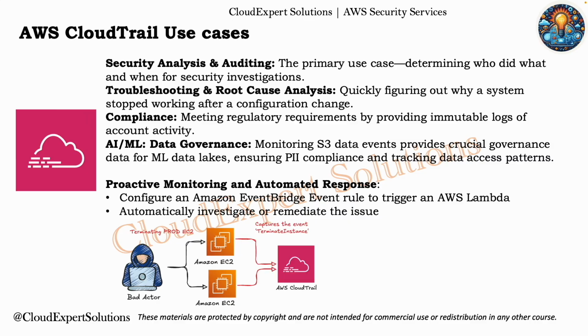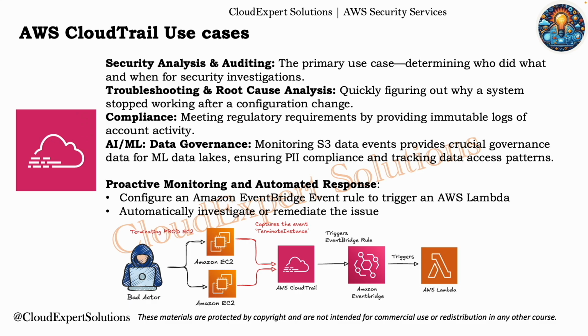CloudTrail will automatically capture the terminate instance event, and you have an EventBridge rule configured to compare the frequency with a defined benchmark. If an anomaly is detected, the EventBridge rule can trigger a Lambda function which can automatically quarantine the compromised IAM user or role. That is how you can use AWS CloudTrail for proactive remediation.